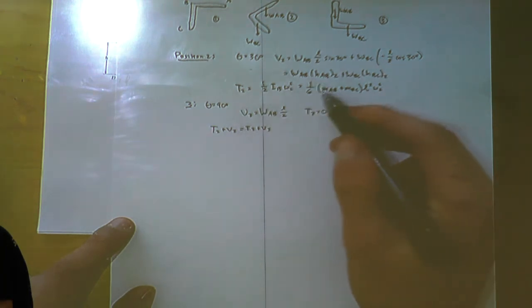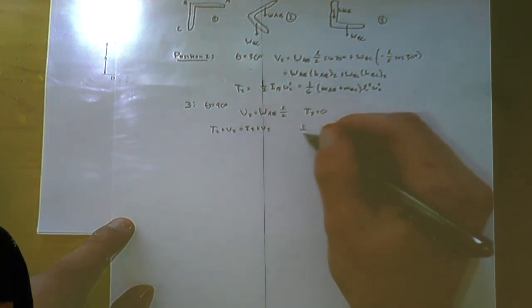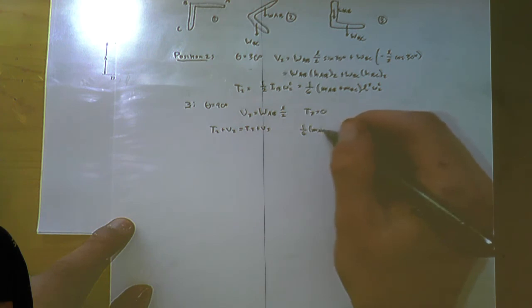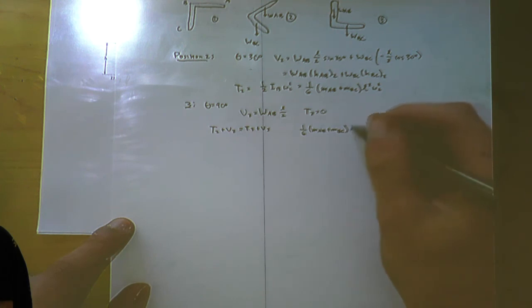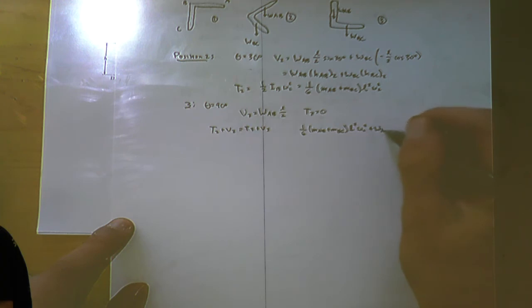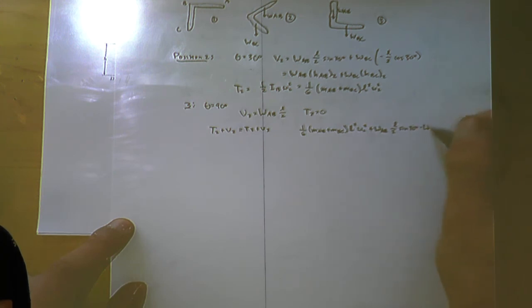So plug this in for T2: 1/6 mass of AB plus mass of BC, L squared, W2 squared, plus WAB L over 2 sine of 30 degrees minus WBC L over 2 cosine of 30 degrees is equal to 0 plus WAB L over 2.